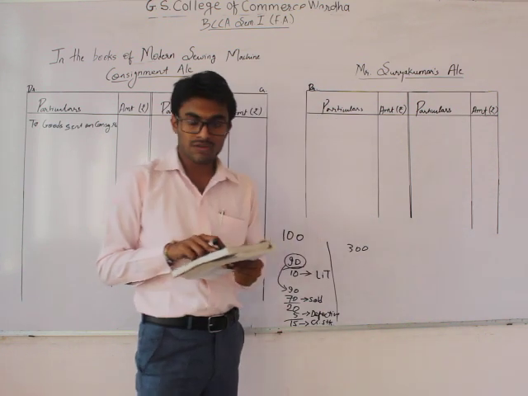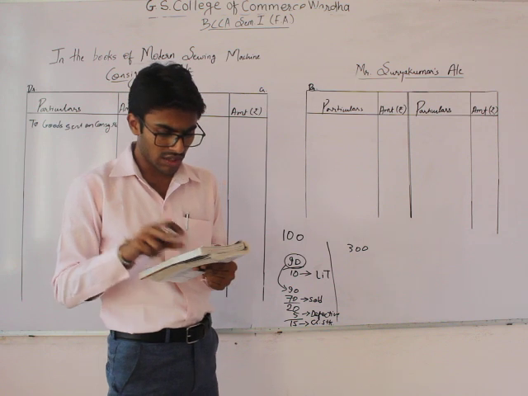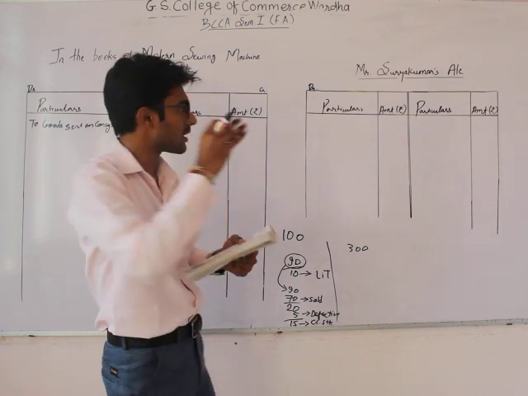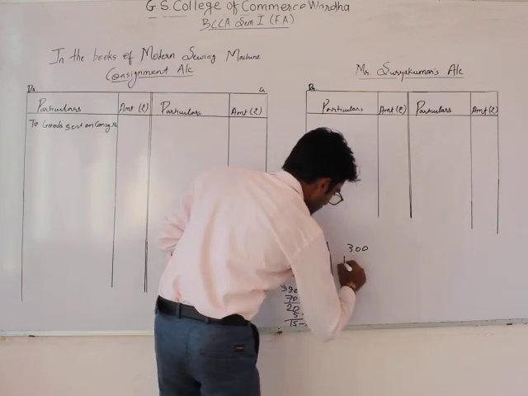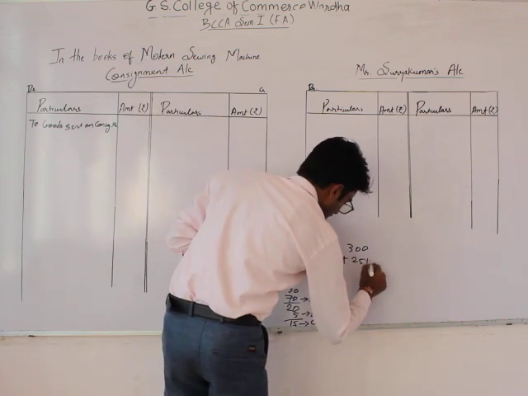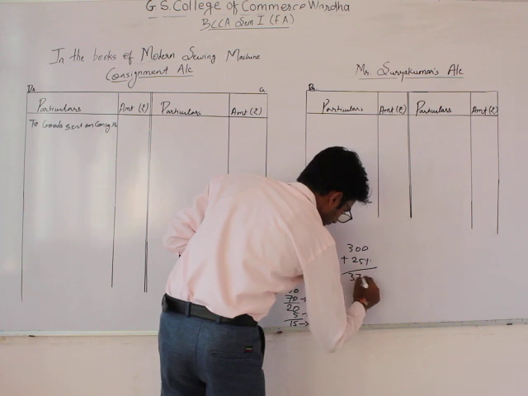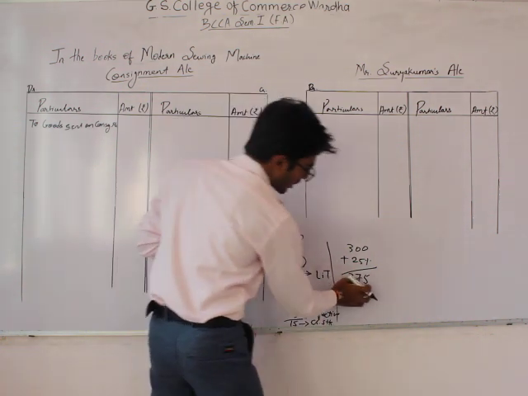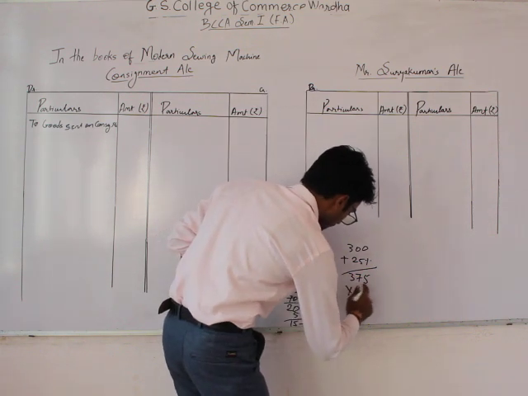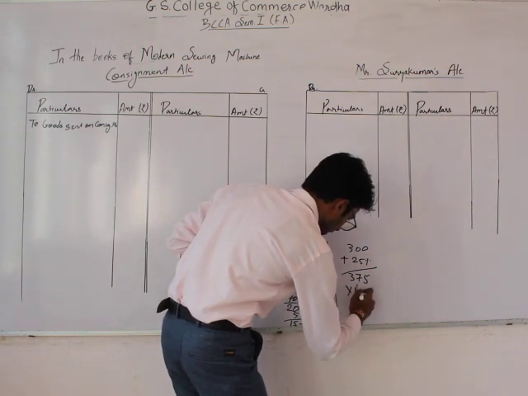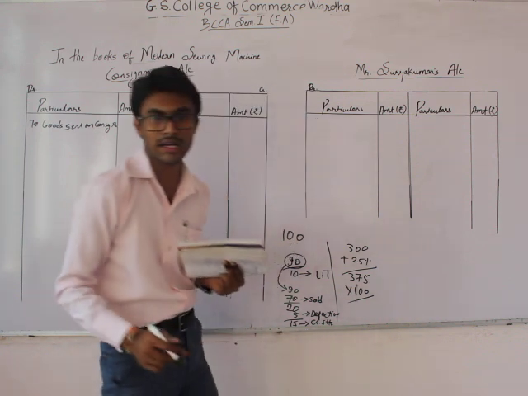The information in our question says we send these goods at 25% above the cost, so it becomes 375 for 1 unit, into 100, because we are sending 100 machines.